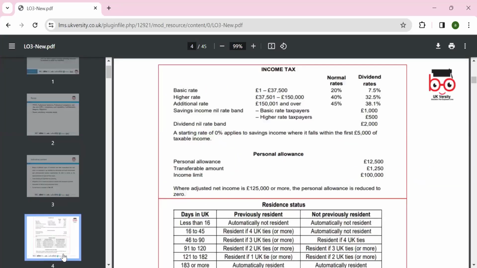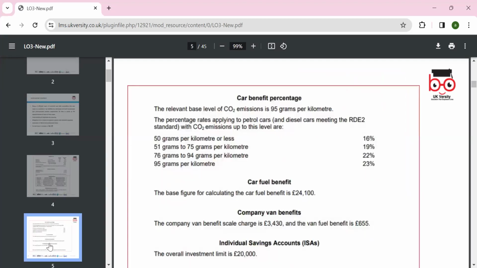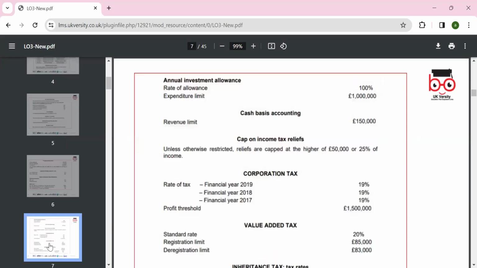You can use whichever finance source, because your course is assignment based, not exam based. Your calculation will be based on those rates, and you can add the examples in your assignment to meet the learning outcome.